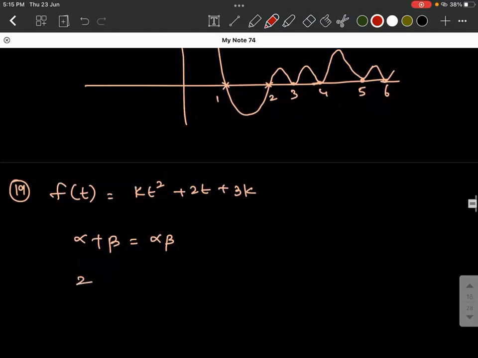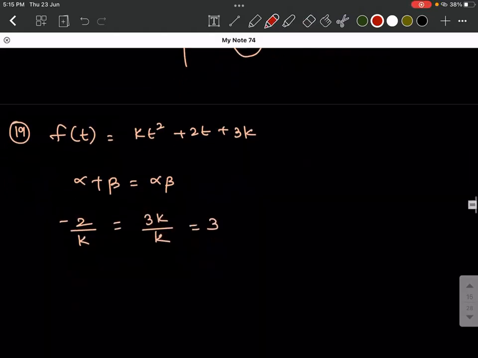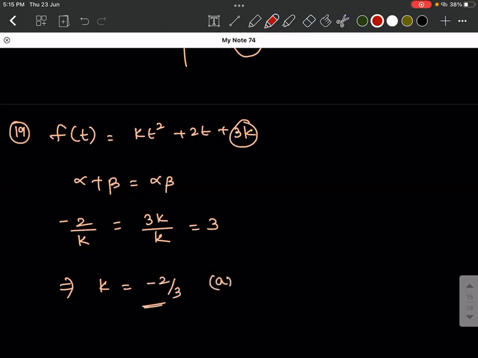Alpha plus beta is minus 2 by k, and alpha beta is 3k by k, which is 3. So minus 2 by k is equal to 3, which implies k is equal to minus 2 by 3. Is there an option? Yes, option A.